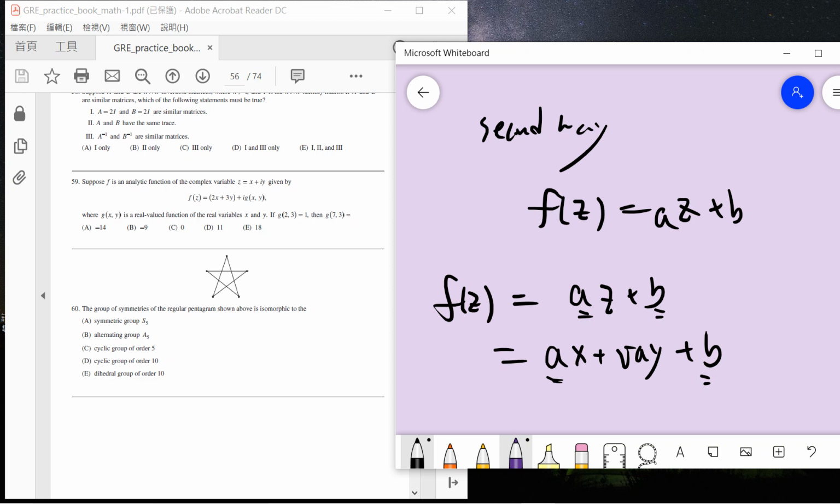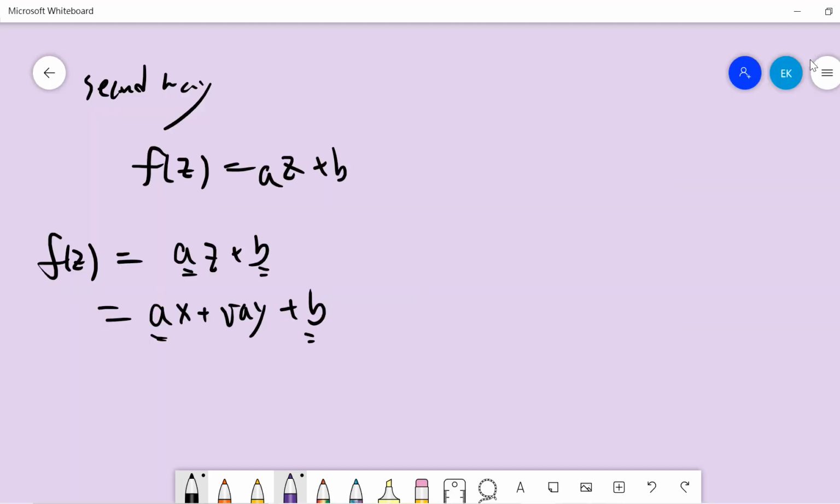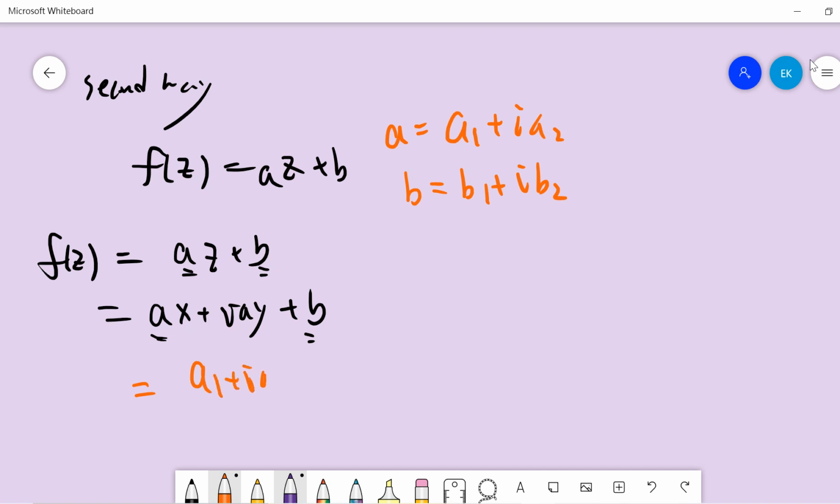But you can still write it out. I can let a equal a1 plus i a2, so we have (a1 plus i a2)x plus (a1 plus i a2)iy, and b1 plus i b2.